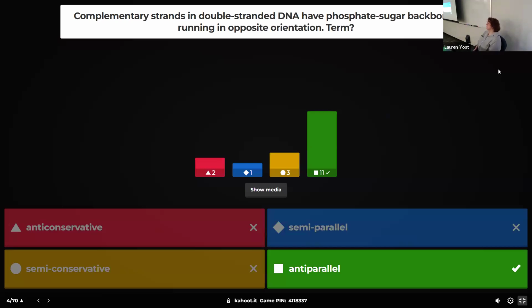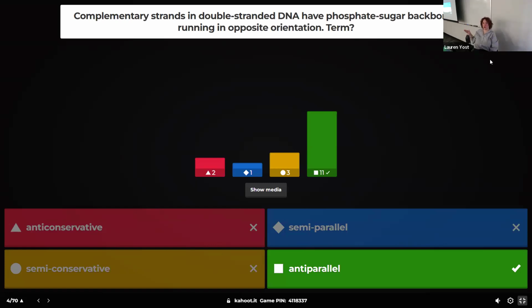All righty, so the term for this is anti-parallel. One strand is running 5' to 3', and the other strand is running 3' to 5', and they're therefore running in opposite directions. Remember that in genetics, we generally think of forward to backward, that would be 5' to 3', typically. So one strand running one way and the other strand running the other way.